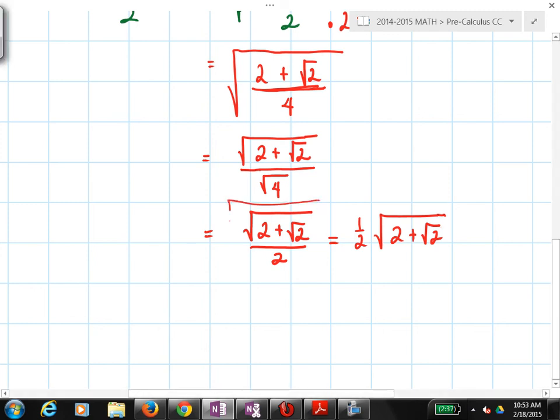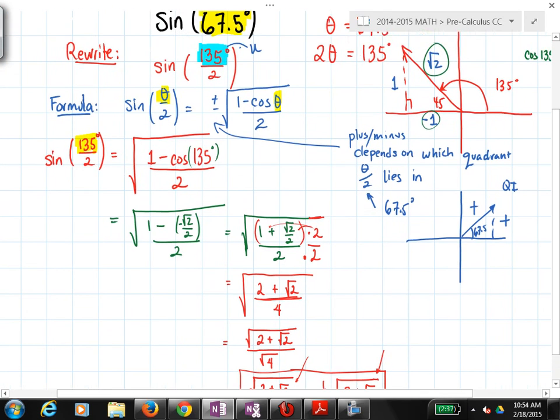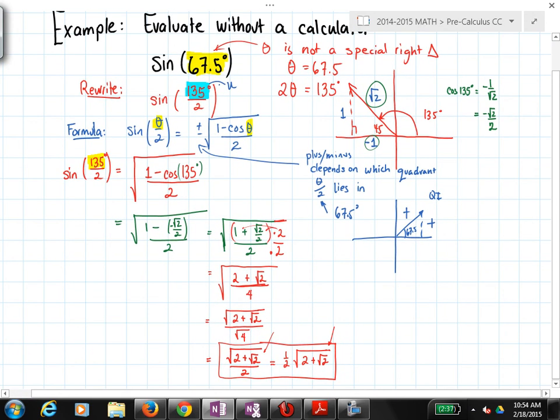But when you get to this stage, either one is correct. If it's free response and you give me this one, that's fine. Just be careful because if it's multiple choice, it might be the other form. It might be strange to have a radical within a radical, but that is okay. Alright, so that was for finding the sine of 67.5. Any questions?